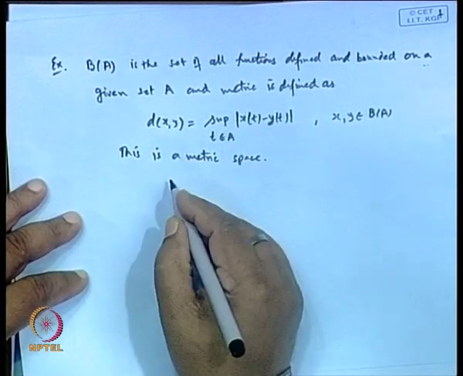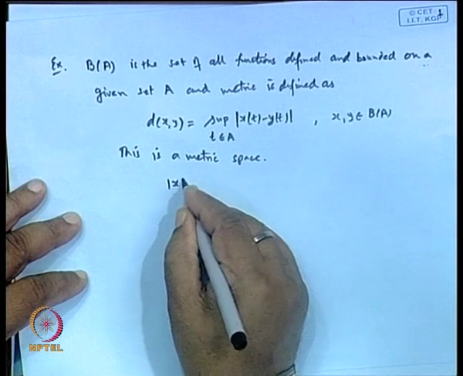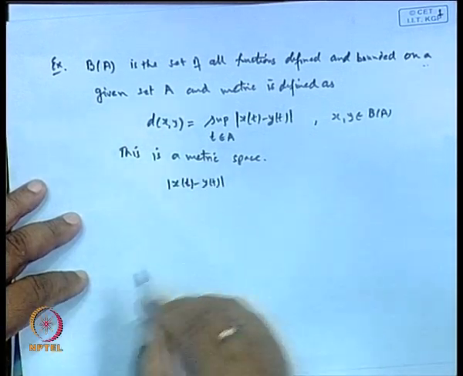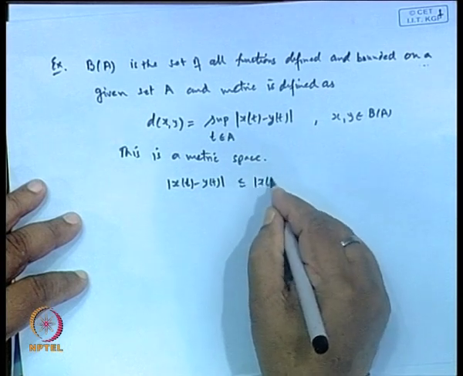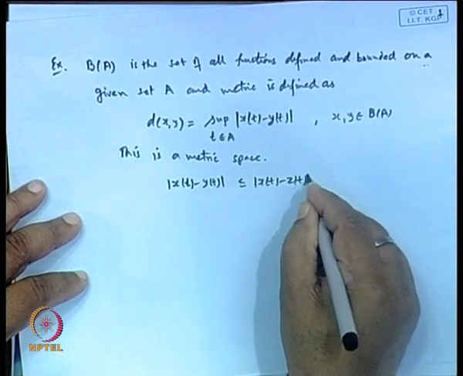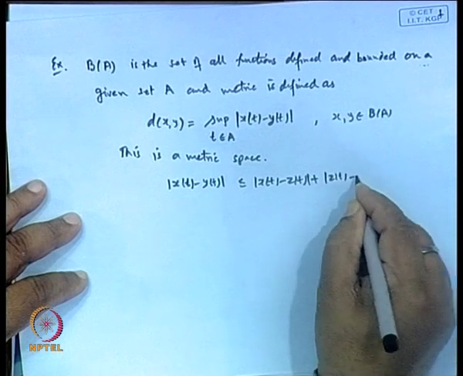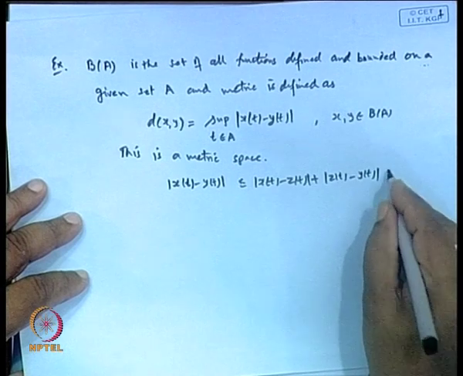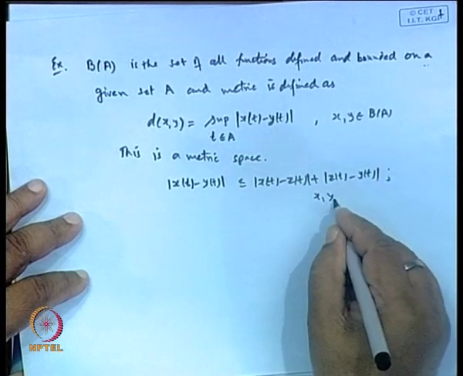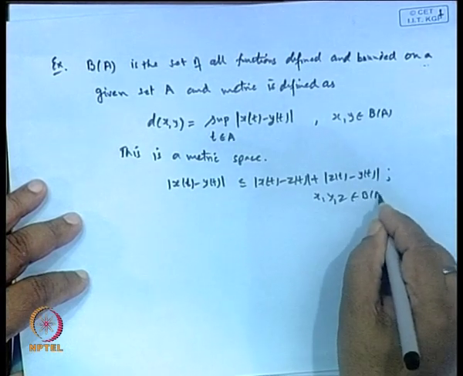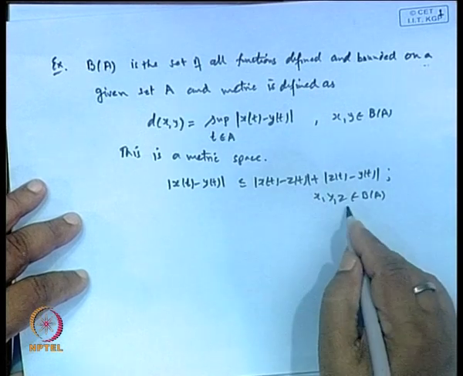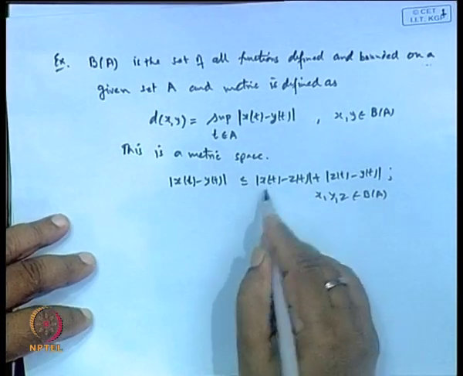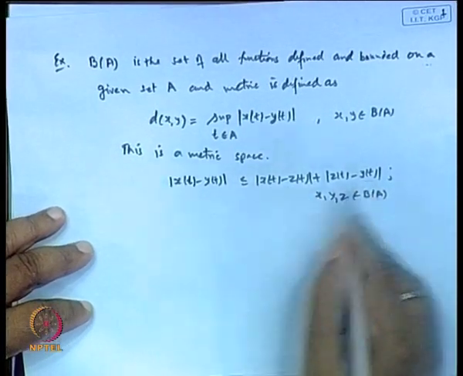The fourth one can easily be seen if I break up this part: mod of x of t minus y of t is less than or equal to mod of x of t minus z of t plus mod of z of t minus y of t, where z is any other point. These are the points in B of A, the functions defined and bounded over A. Now, take the supremum over t on the right hand side.